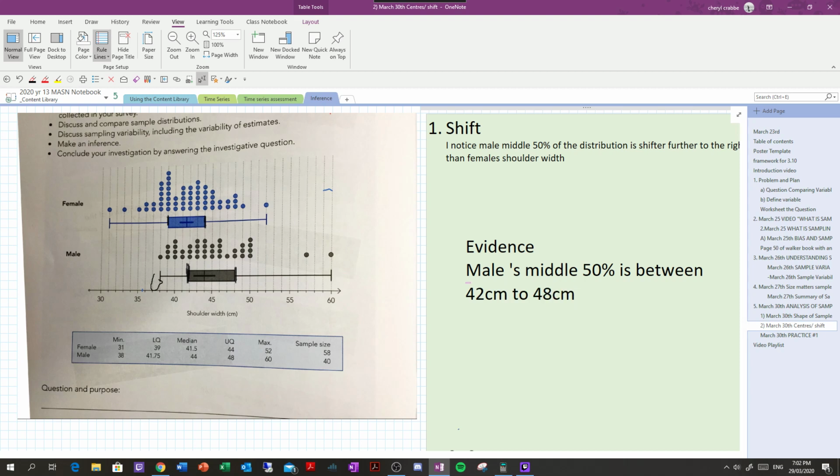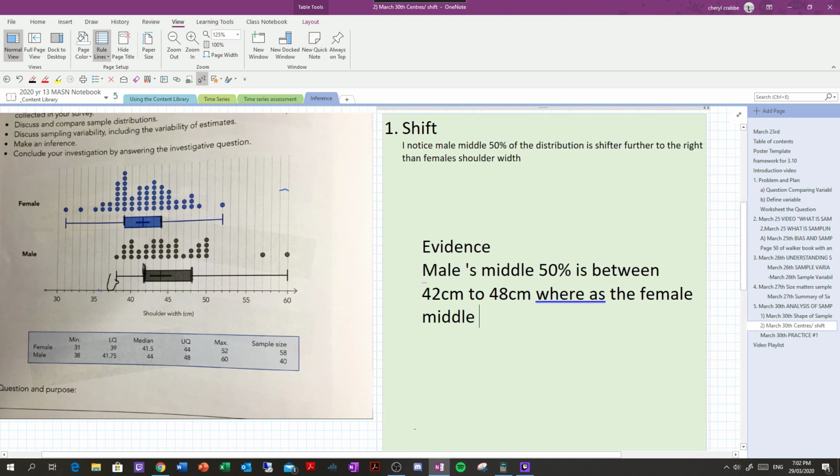Whereas the female middle 50% is between, what's the females? Probably about 38, maybe 39. So probably about 39 centimeters to about 44 centimeters. So that's some evidence as to the shift.